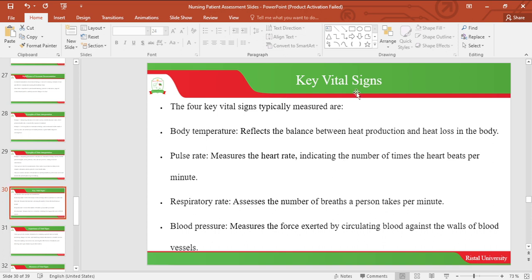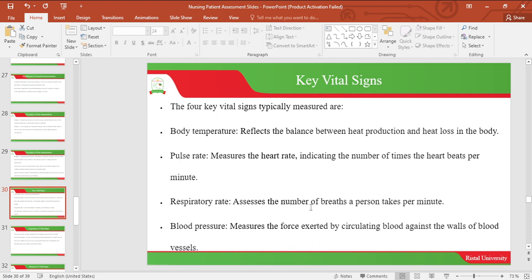Let's look at the key vital signs. There are four key vital signs typically measured, and these include 1. Body temperature. Body temperature reflects the balance between heat production and heat loss in the body.